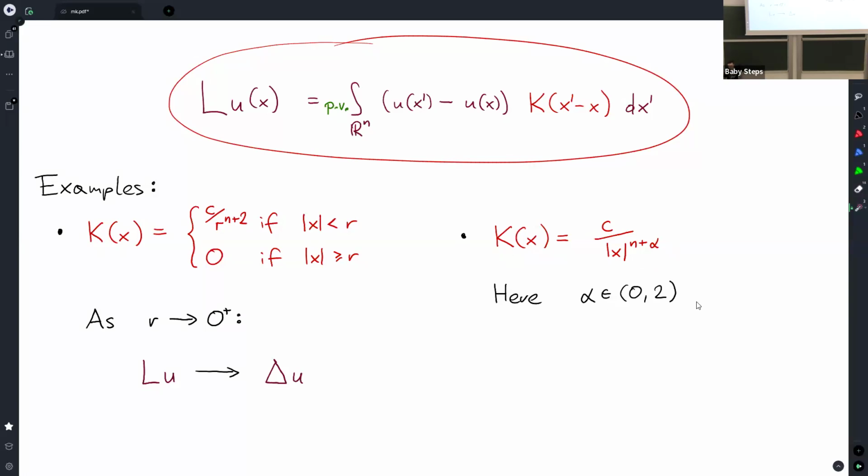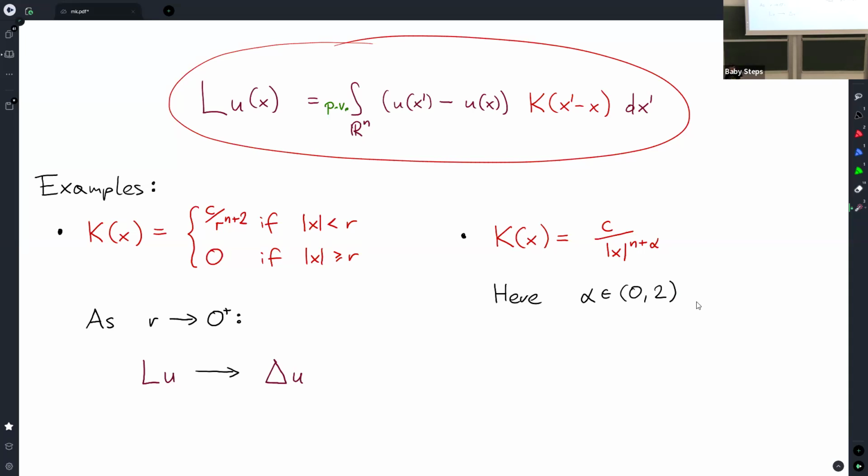So alpha needs to be positive because we want the kernel to be integrable at infinity. Well, you can relax this assumption, but it's not really very useful in applications. And the upper bound for alpha, given by 2, is determined by the local behavior of the kernel. So you want this kernel to integrate x squared near the origin, which forces alpha to be less than 2.